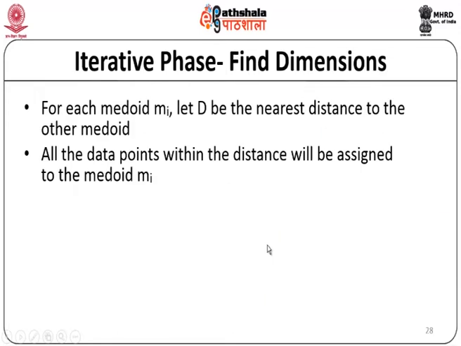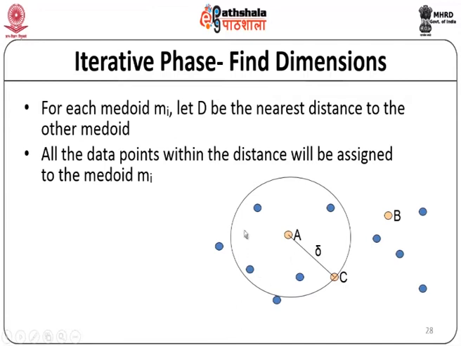So, during the iterative phase, how to find the dimensions? For each medoid mi, we will have to choose d, which is going to be the nearest distance to the other medoid, and all the data points that are within this distance will be assigned to the given medoid. Say for example, in this diagram, assume there are 3 medoids A, B and C. Now, we take point A and then we identify among the rest of the 2 medoids B and C, which one is the nearest.